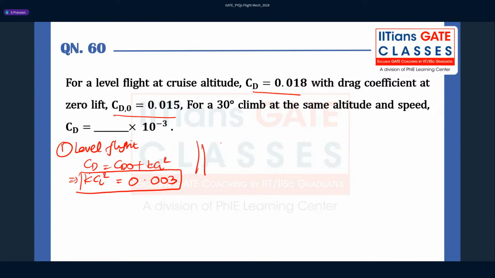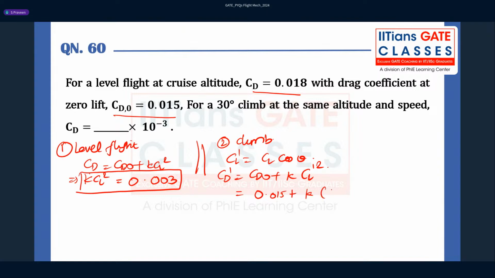Next, for the climb, okay, climb flight. So what is given is, so in climb we know that the lift coefficient is basically what? It is CL cos theta, correct? Which means the CD naught doesn't change. If CL changes, your CD changes, so the new drag will be simply CD naught plus K times CL prime square, right? So substitute that, so we'll have 0.015 plus K times, CL dash square is what?